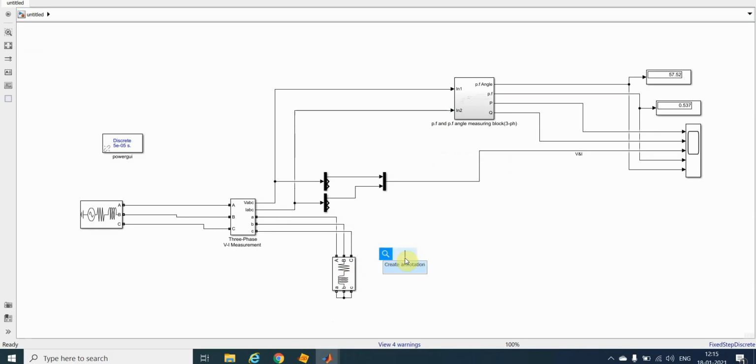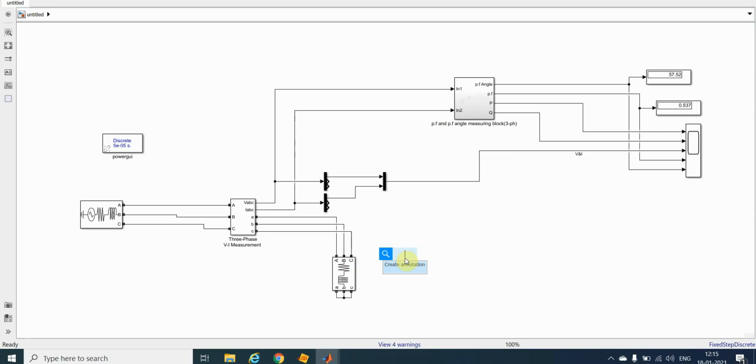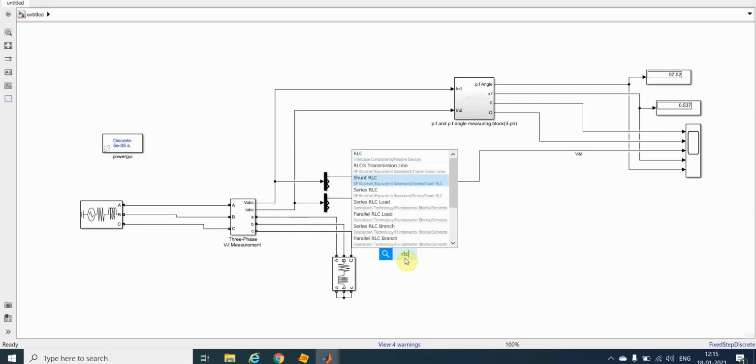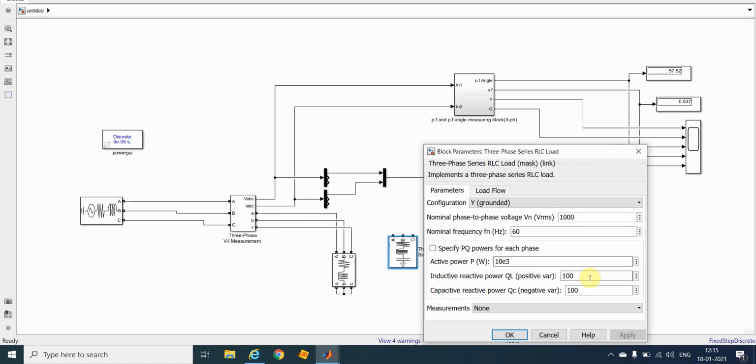Now I will change it. I will use a 3-phase RLC load, which will have some active power and reactive power. This one I will use, and I will give here 10. Here I will give 5000, here I will give 0, and here I will give 230.